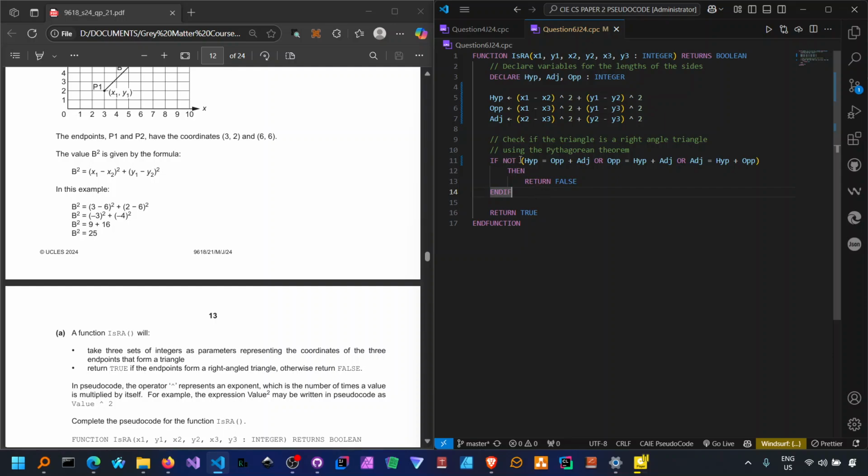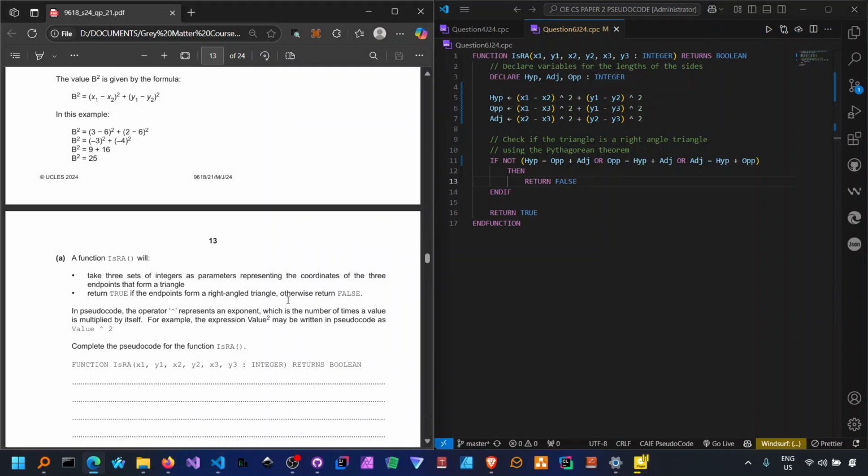So we are checking to see if any of these conditions is not satisfied, then return false. Remember that our function returns a boolean true or false, depending on the situation. In this case, it means that the triangle is not a right-angled triangle. Otherwise, we are simply going to return true. Take notice of the position of this return true: it's not inside the if statement, but outside of it.